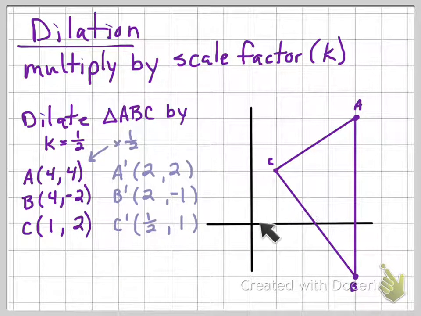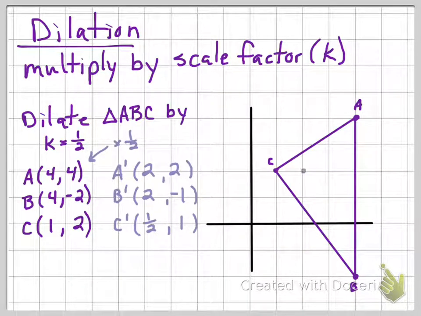But again, remember, dilations always come from the origin, and they always stay in line, and K just tells you how many times as far it goes. So everything's going to be half as far. Since A is over 4 and up 4, it's now going to only be over 2 and up 2.